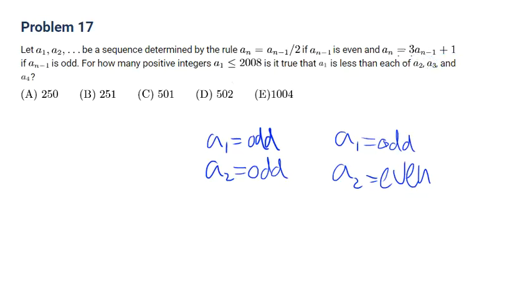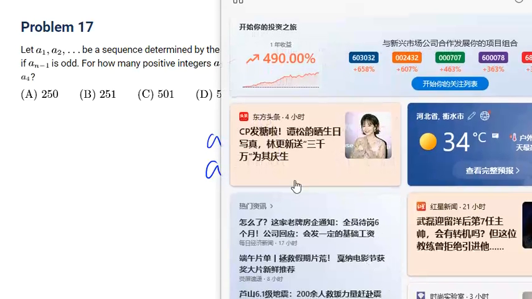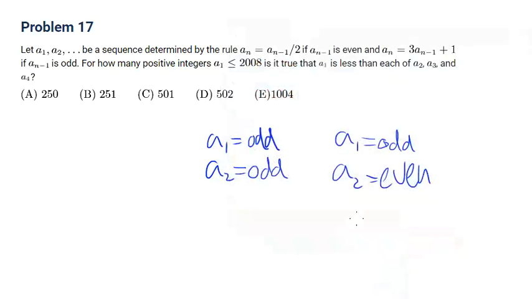Half of this is definitely bigger than the original A. So A2 can definitely be even, but A3 would then have to be odd, because if A2 and A3 are both even, then A4 will be smaller than A1.